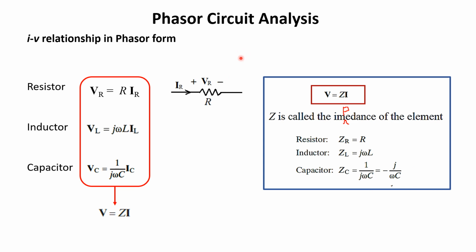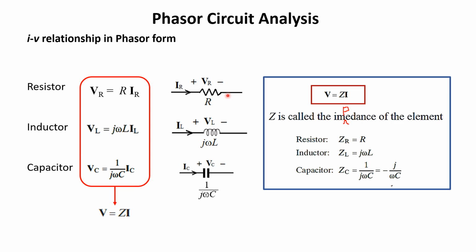The passive sign convention we follow is the same as that we have discussed in previous chapters. For resistance, current flows from left to right, and this is the polarity of the voltage across the resistance. For inductance, this is the phasor current and the phasor voltage, and inductance behaves like an element with j omega L. So the capacitance C is replaced with 1 over j omega C. This is simple.